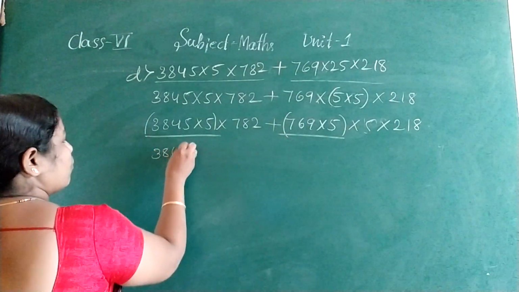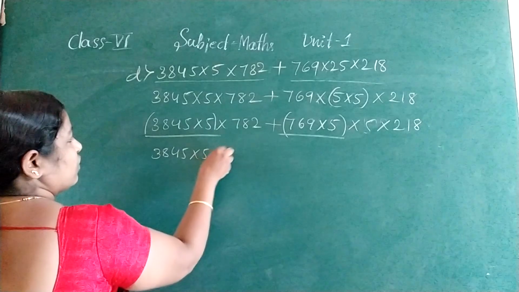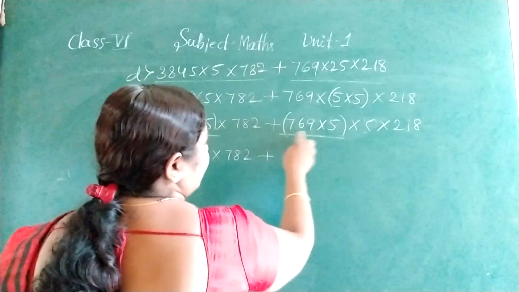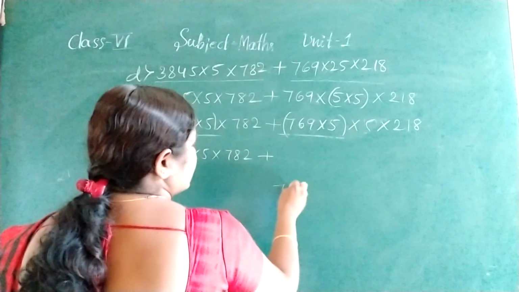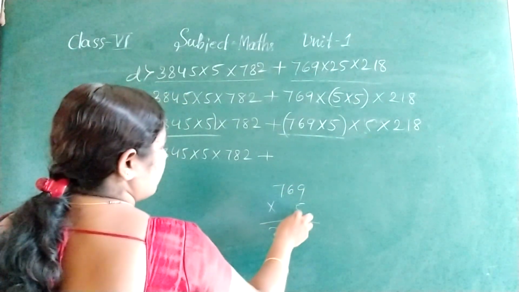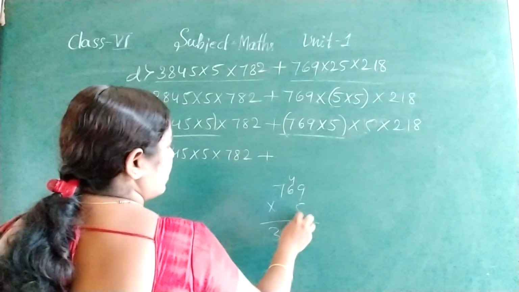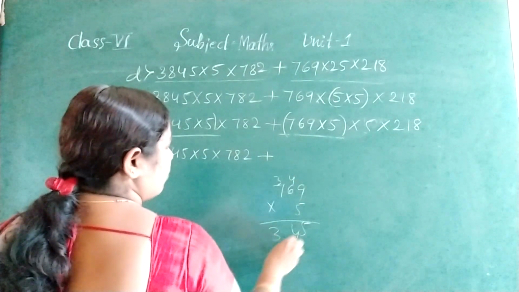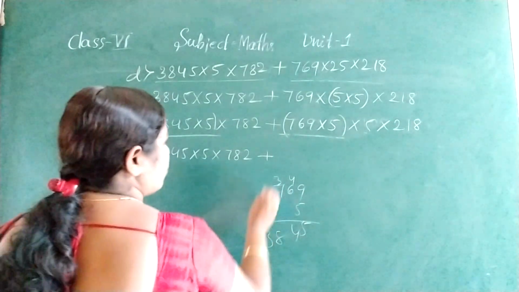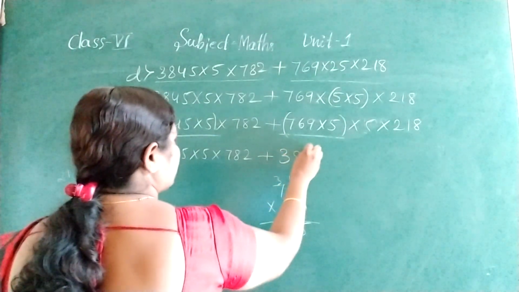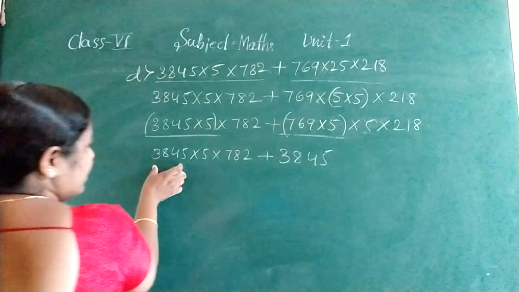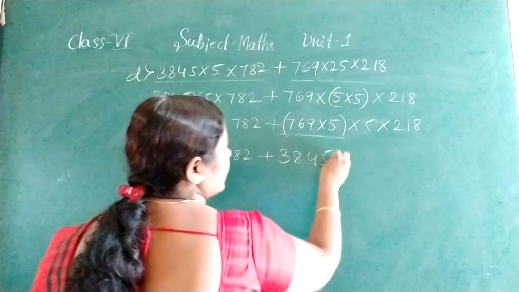So 3845 into 5 plus, if we multiply these two, 769 into 5, we will get 5 nines are 45, 34 plus 38, so it will become 3845. So again see similar we got, and what else is remaining?